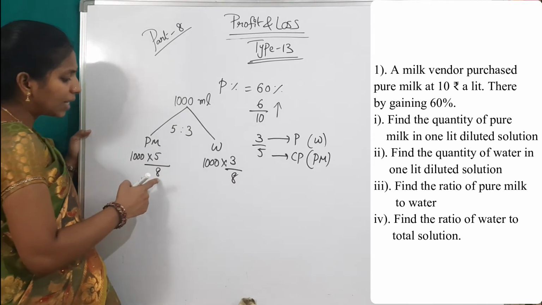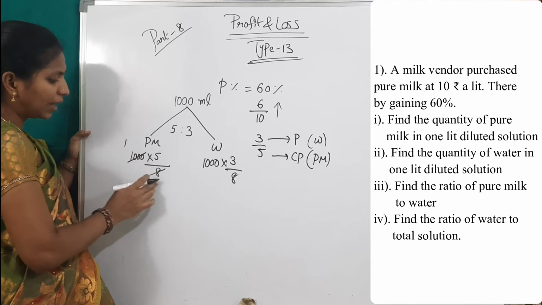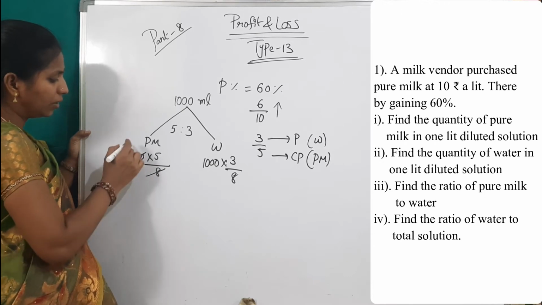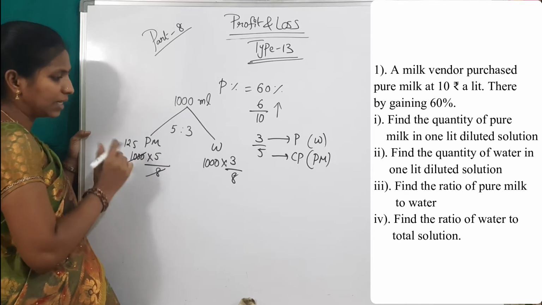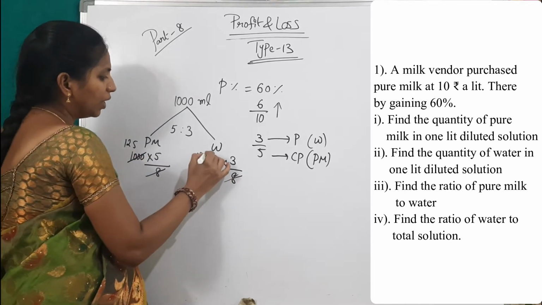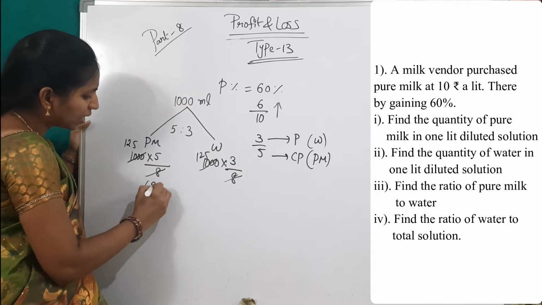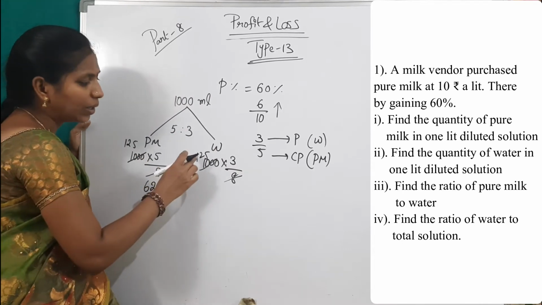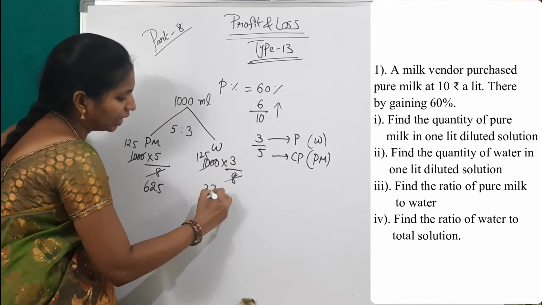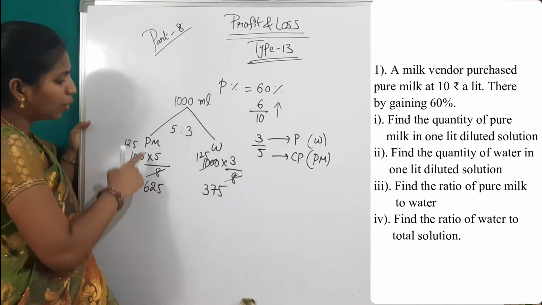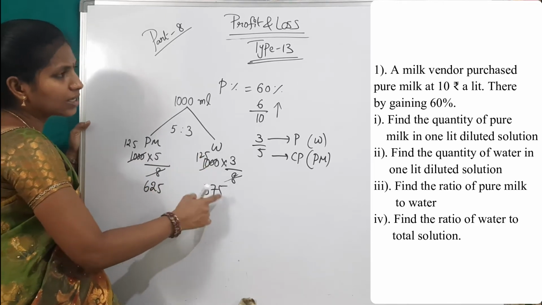Now after cancellation, 125 times cancelled in both. 125 into 5 is 625. 125 into 3 is 375. Pure milk is 625 and water is 375.